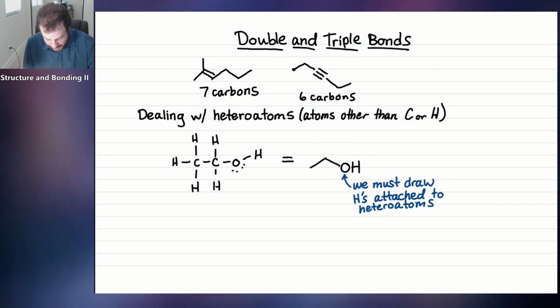A lot of students sometimes get confused and think this is a third carbon, but that is not the case. The carbon that would be there has been replaced by oxygen. And also notice you do not have to draw the bond between the oxygen and the hydrogen. You can just write OH, and the implication is that they are bonded together. Also notice that the lone pairs were not drawn in, and that's totally acceptable. You can leave out lone pairs in bond line drawings.